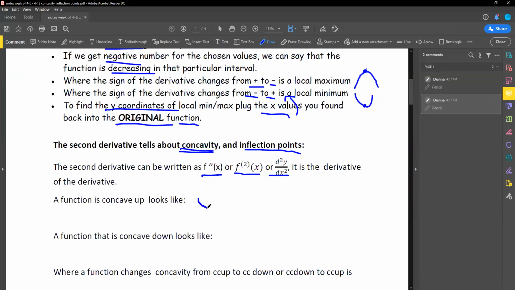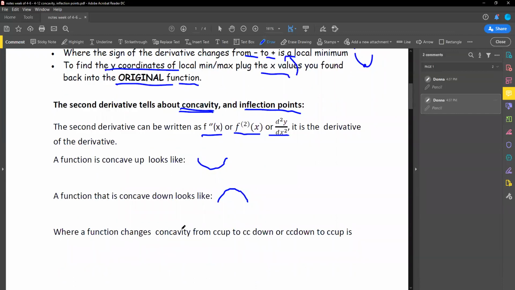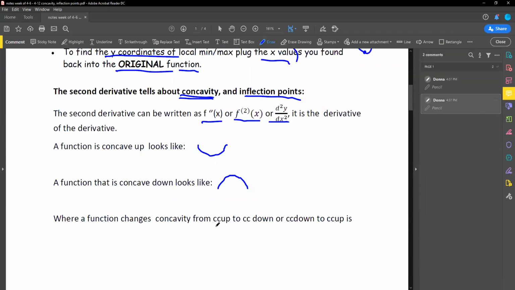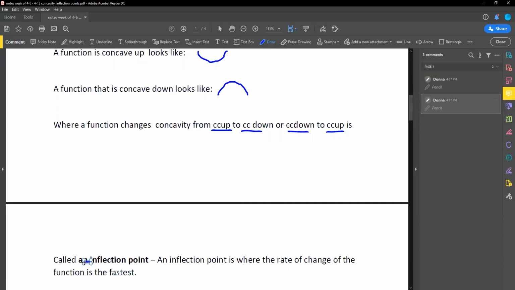Concave up, I like to think of it as the bowl is holding water. This is the shape that's concave up. Concave down, the bowl is upside down, okay? And if a graph changes concavity from concave up to concave down, or from concave down to concave up, where it changes is called an inflection point.